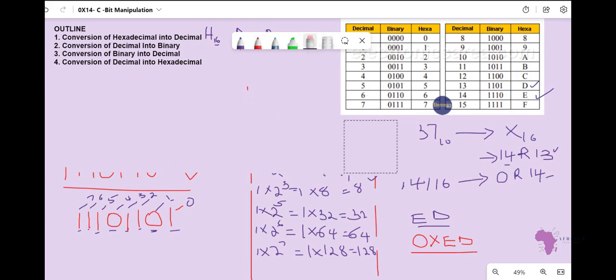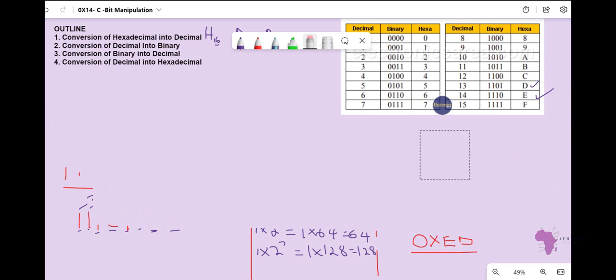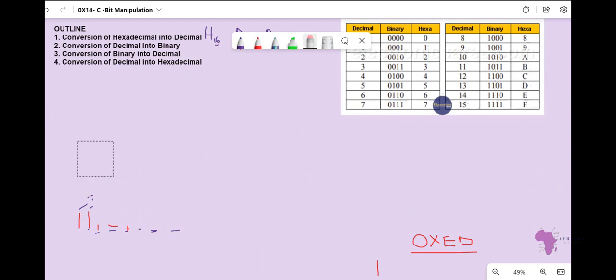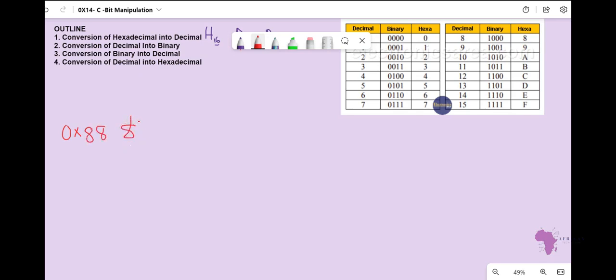Now that we are done with this, I believe you understood question 1. And now that you have understood, you will be able to calculate this second one on your own, but I will guide you through. What you have been given is 0x88 and 0x01.